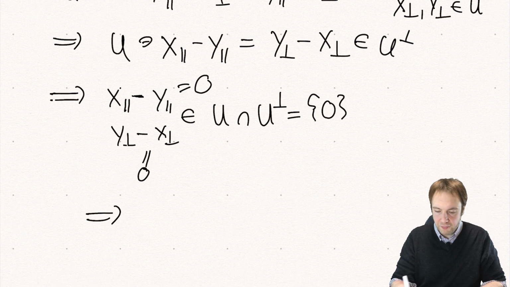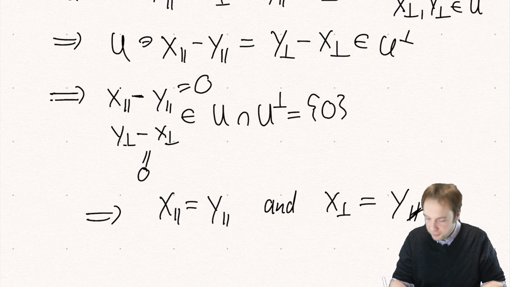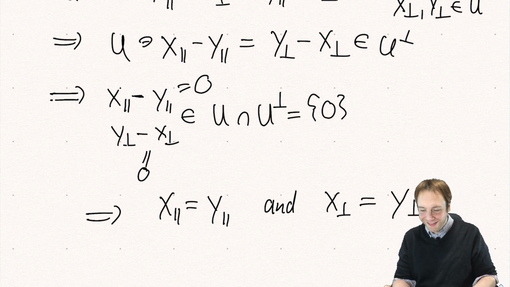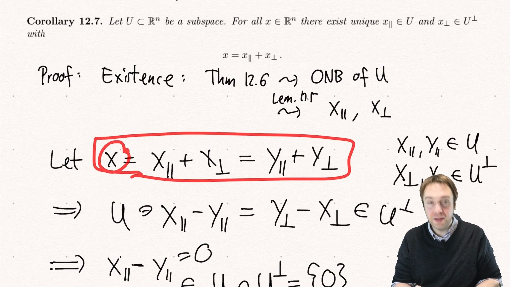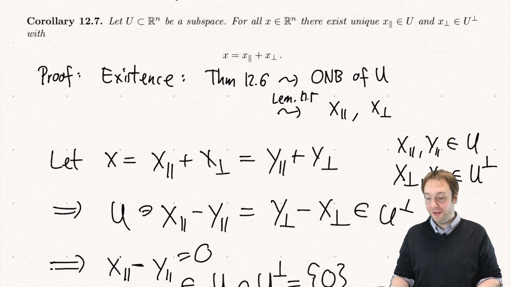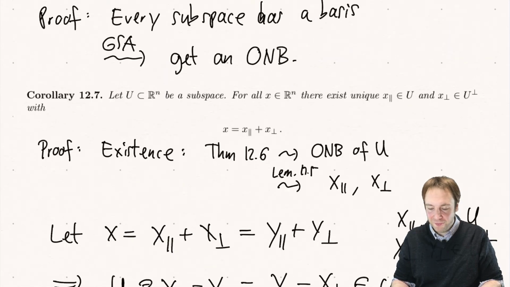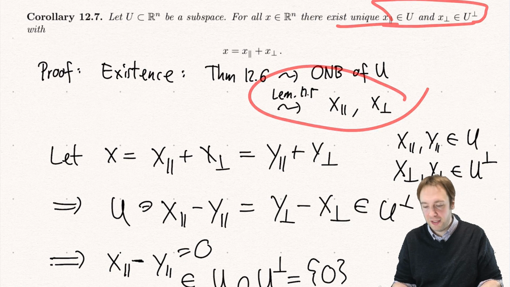So if this here is 0, then this just means that x parallel equals y parallel and x orthogonal equals y orthogonal. Not transpose, parallel. Orthogonal, sorry. So I cannot have two different ways of writing x as a sum of these elements in U or in U orthogonal. So therefore there exist unique such parts, which are given by the formula in lemma 12.5.